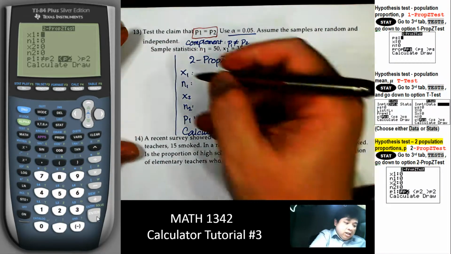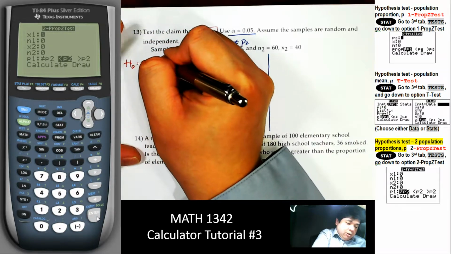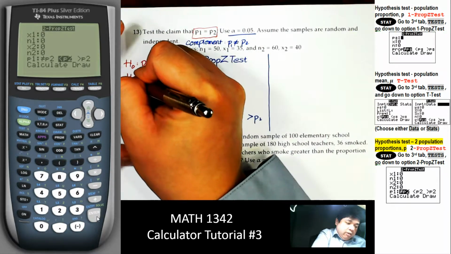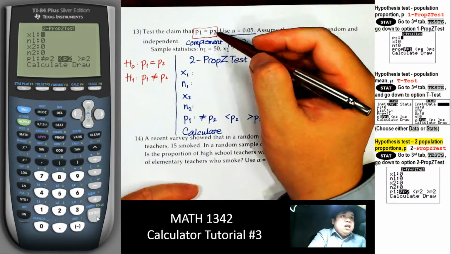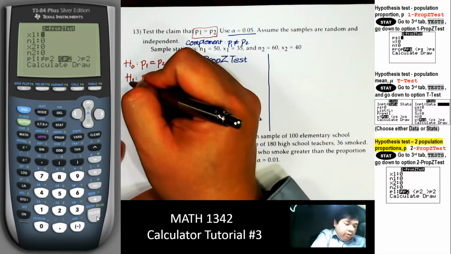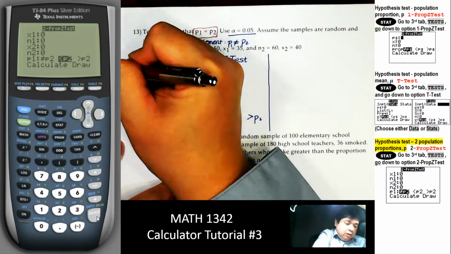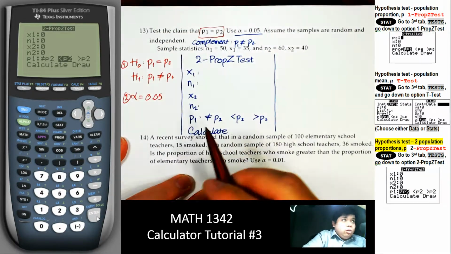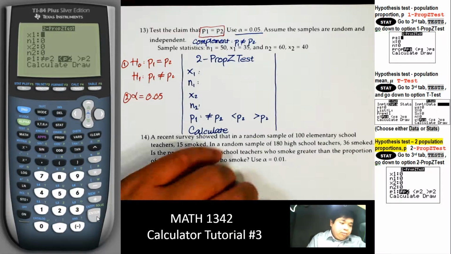So we're going to write the null hypothesis equal to, and the alternative hypothesis not equal to. It's still a complement in those things. Alpha is still 0.05. So that's the first step, that's the second step. Now just fill out all of this information.